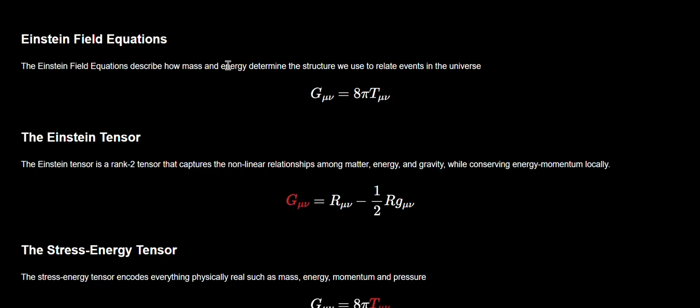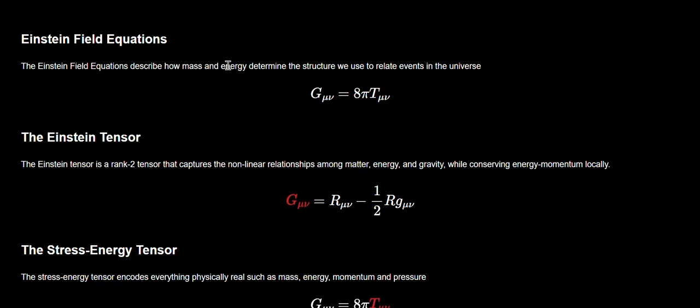This is the way I've always thought about it. The left side here, the G with what looks like a mu nu, that's G mu nu. It's so ridiculous. Anyways, that's the Einstein tensor, and that's the part that encodes the nonlinearity of relativity and the constancy of the speed of light.